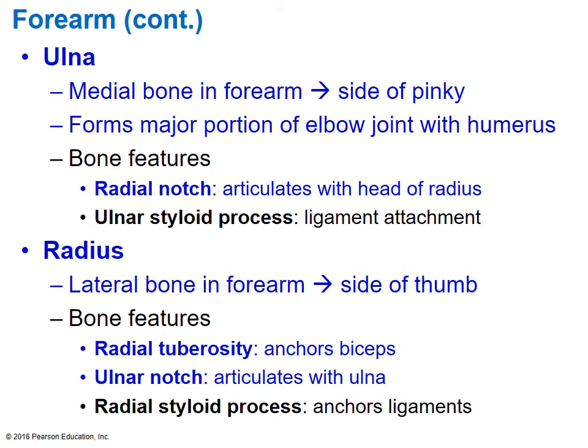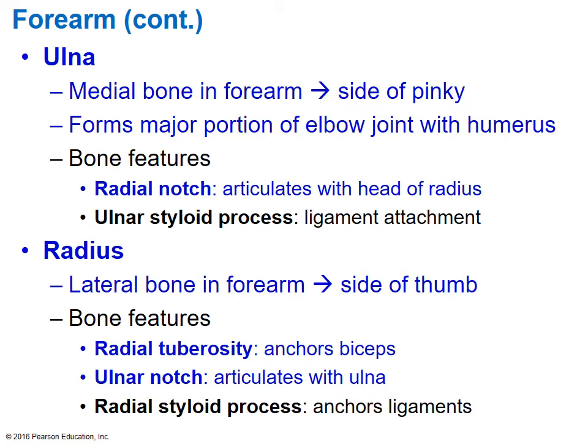On the ulna itself, according to my list, I need to know the radial notch, where it will make connection with the head of the radius. The radius will be more on the lateral side of your forearm. This will be on the side of your thumb.